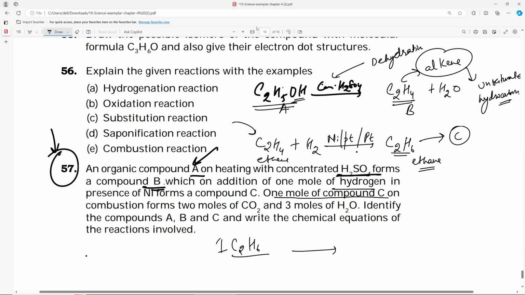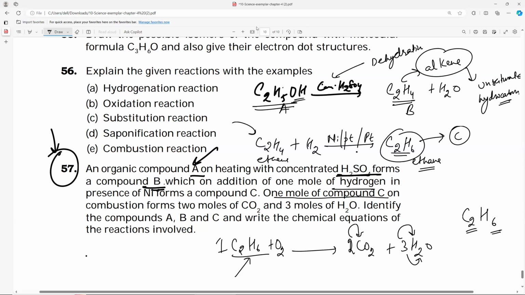When we are balancing, plus O2 will give you 2 moles of carbon dioxide and 3 moles of water. So 3 moles of water is possible when we have C2H6, because in 3 moles we have 6 hydrogens, and in 2 moles of carbon dioxide we have 2 carbons. So this is indicating that C is ethane, a 2 carbon compound.